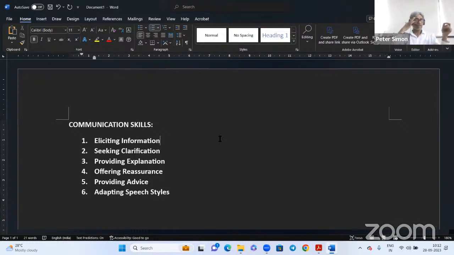Then next one, seeking a clarification. Now, what do you mean by seeking clarification? For example, he says like this: I do not want to take insulin injections. Now you'll ask a question.